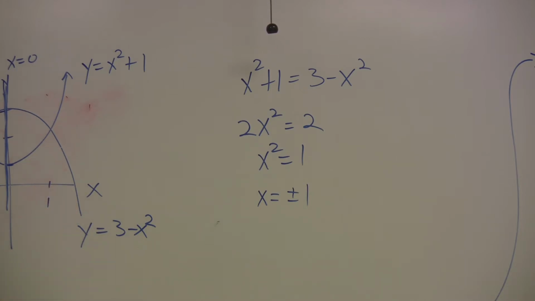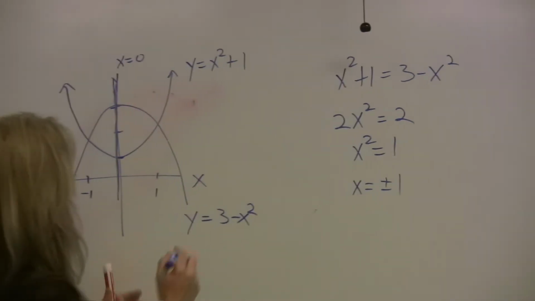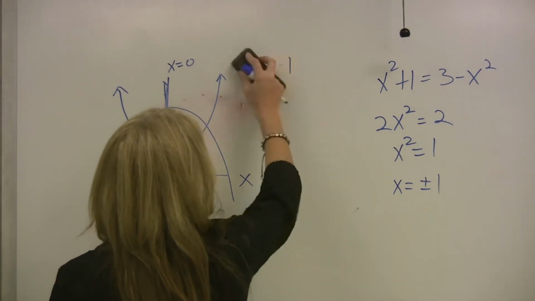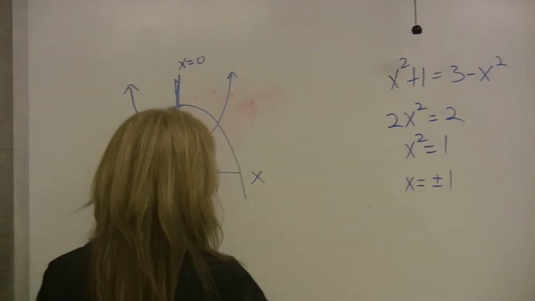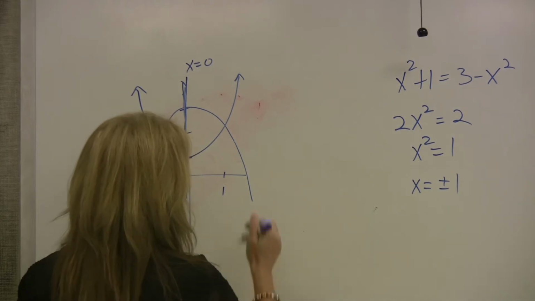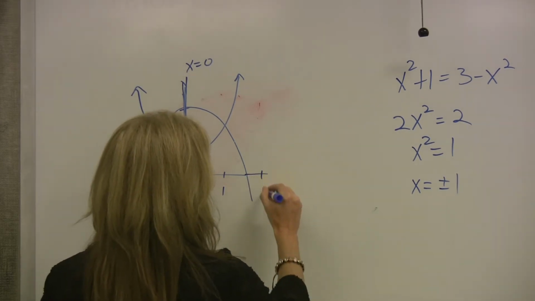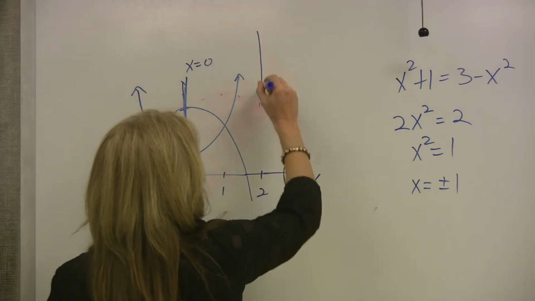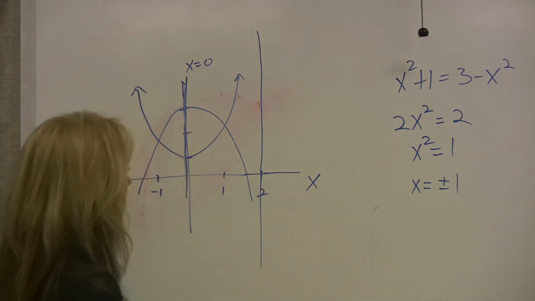So now I know where to draw my x equals 2. I have to move these over now, they're going to be in my way. If that's 1, 2's over here somewhere. There's my vertical line at 2.